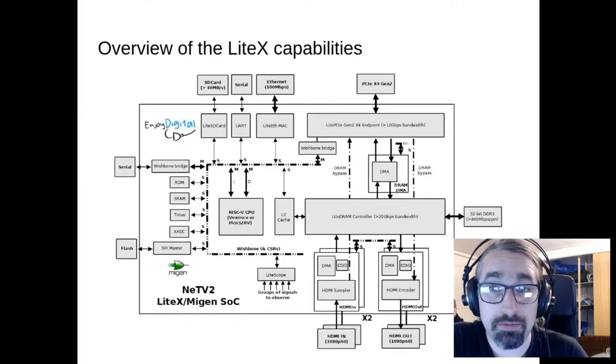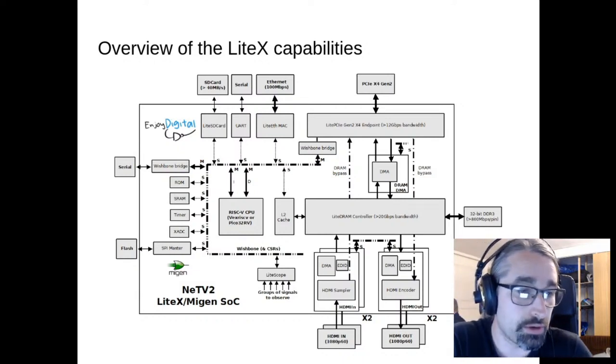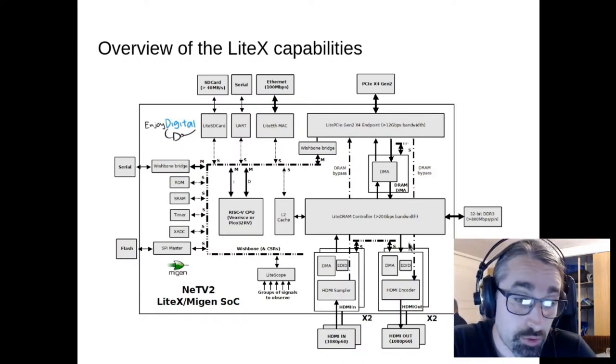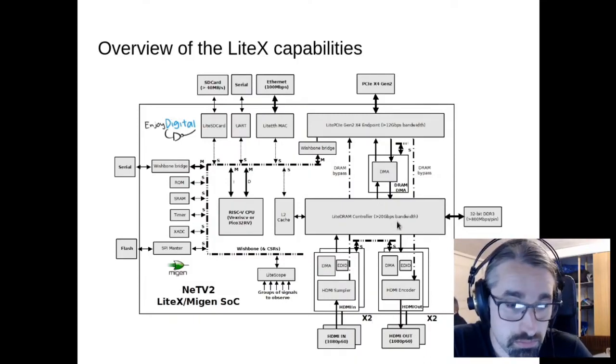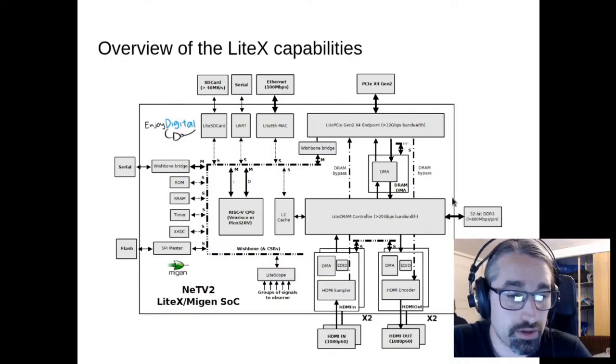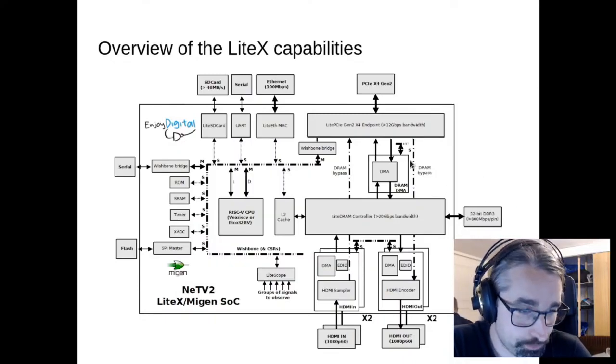And if you are wondering what can be done, I'm not sure if it's really readable, so I'm going to read it for you. So there's a DRAM controller with over 20 gigabit per second bandwidth, so pretty decent. Yeah, what they're showing is DDR3 connected.